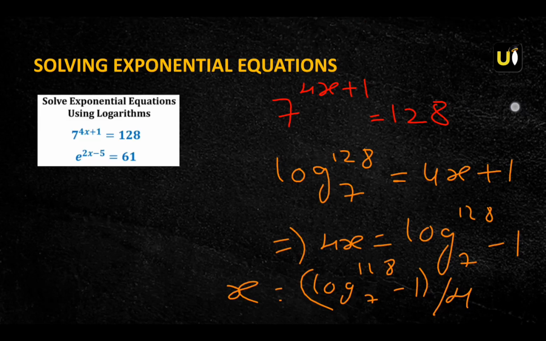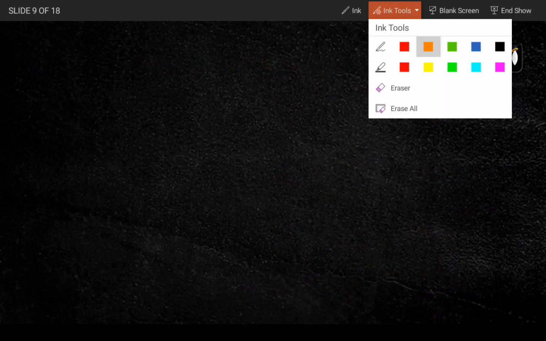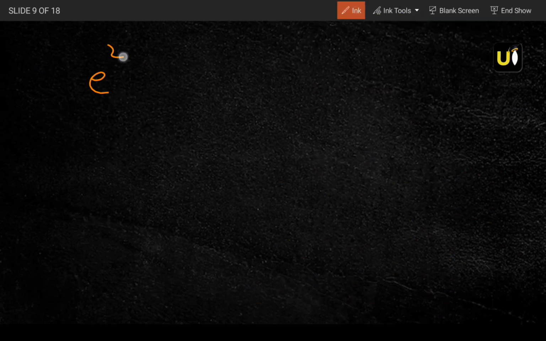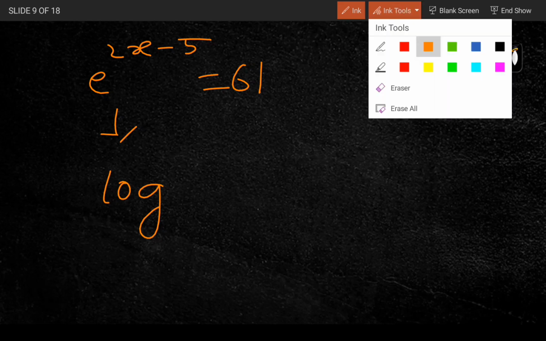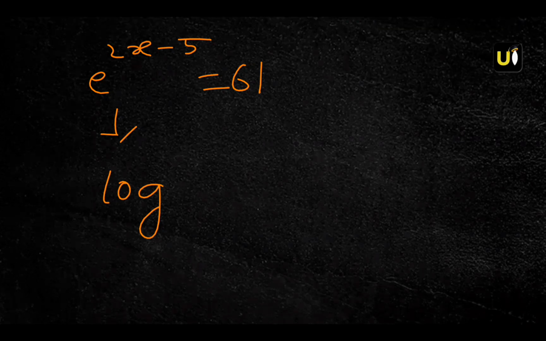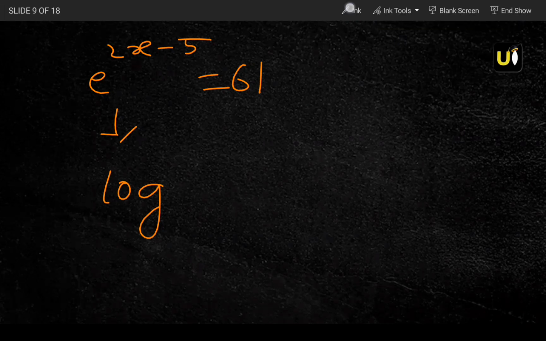e power 2x minus 5 is equal to 61. Again, converting this into logarithmic form, this can be written as log 61 to the base e is equal to 2x minus 5.